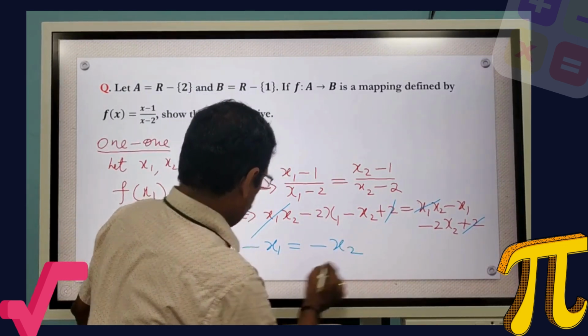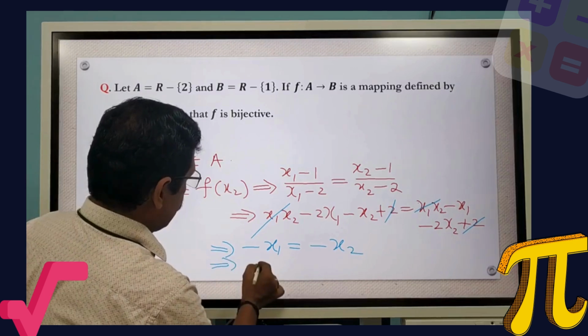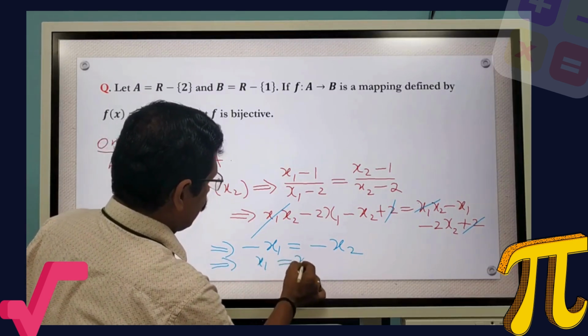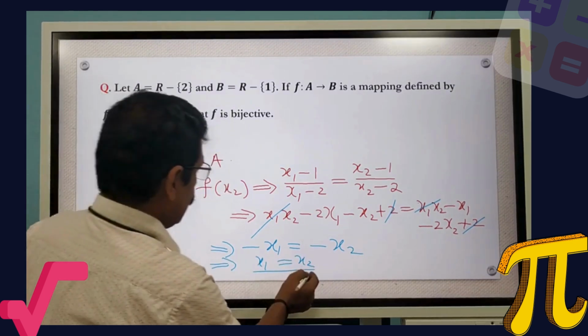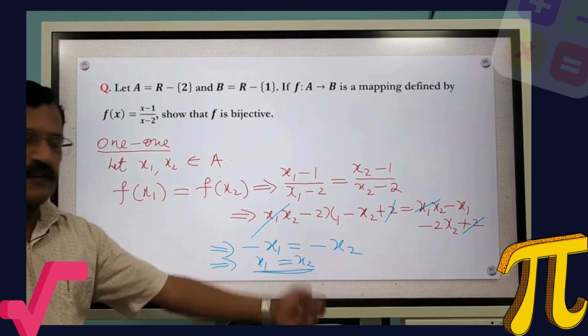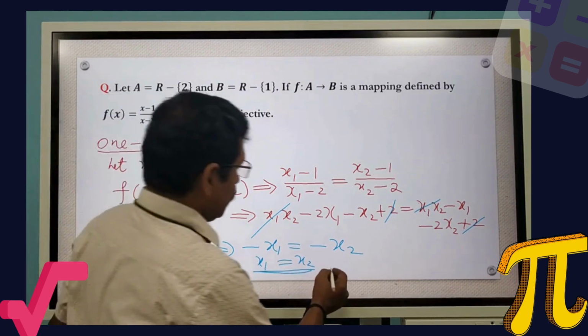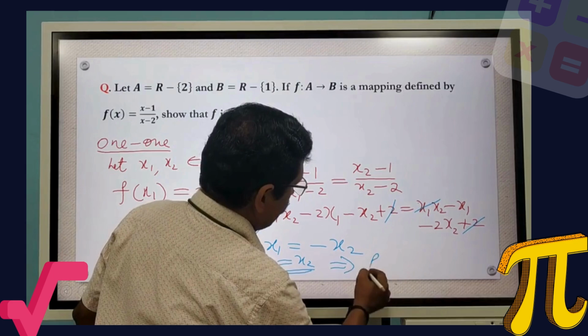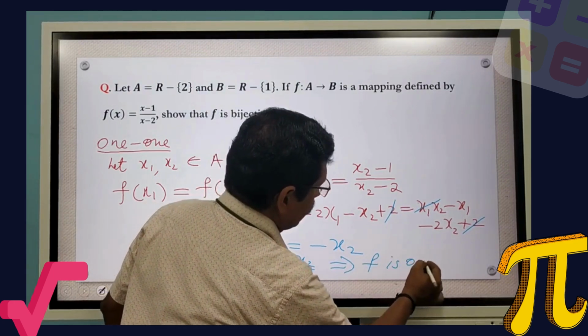So we are getting x1 = x2. So f(x1) = f(x2) implies x1 = x2, which implies that f is 1-1.